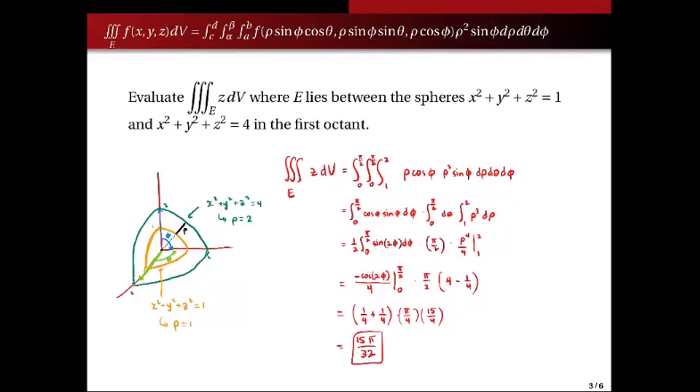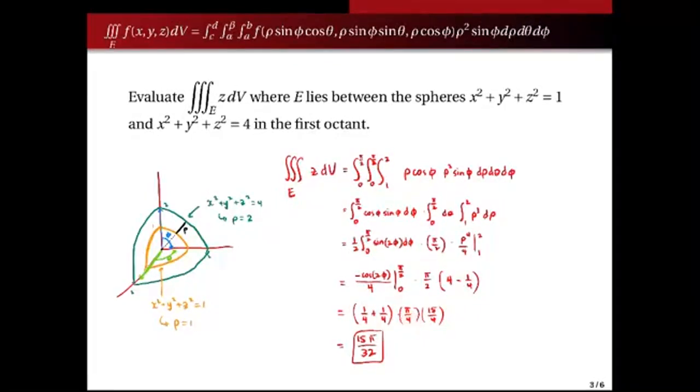Questions? Okay, isn't it pi over 2? Where is the pi over 2? Ah, yeah, you are correct. This one here is pi over 2, not pi over 4.